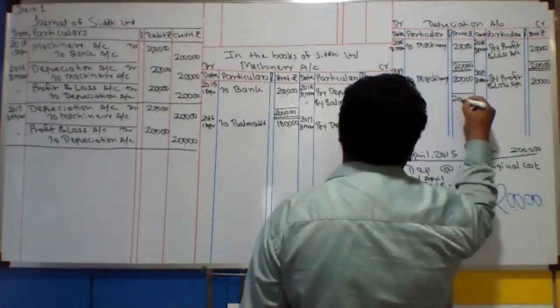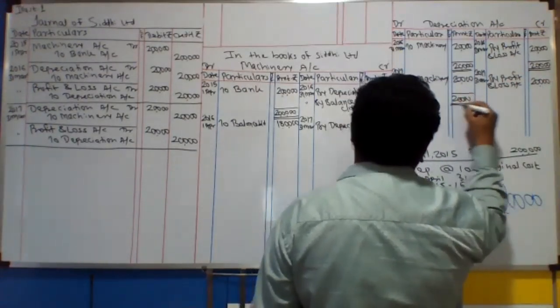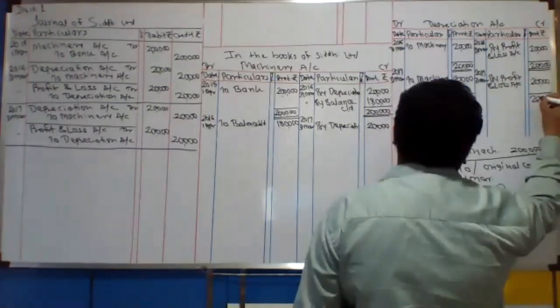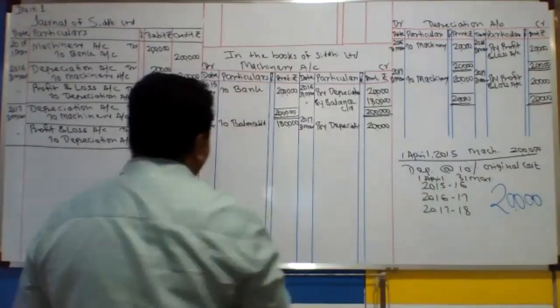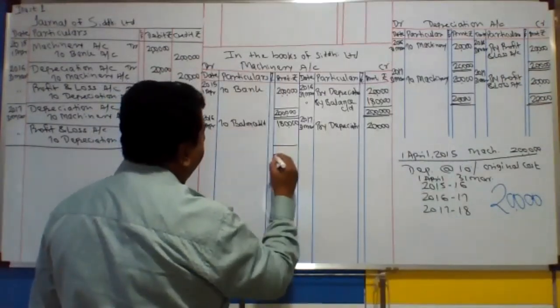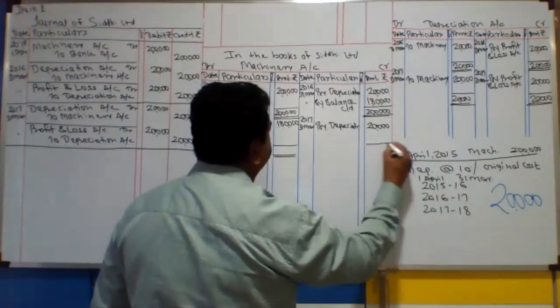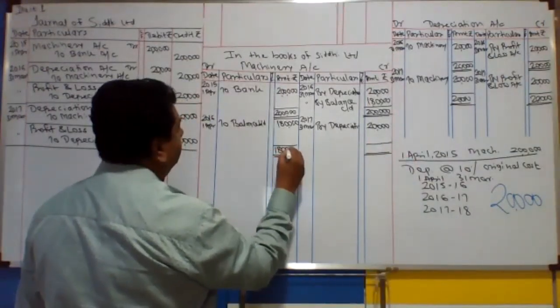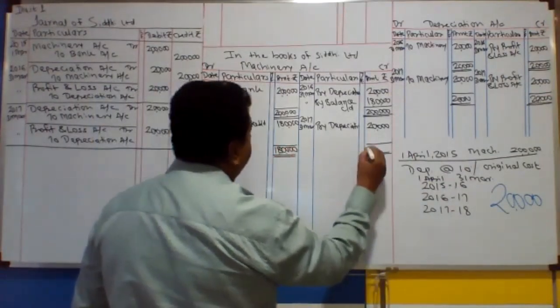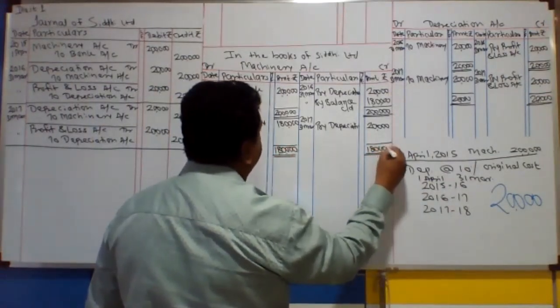What happened? Depreciation account is always getting closed. But your machinery account is showing balance. Machinery account को balance आने वाला है. 1,80,000 minus 20,000.